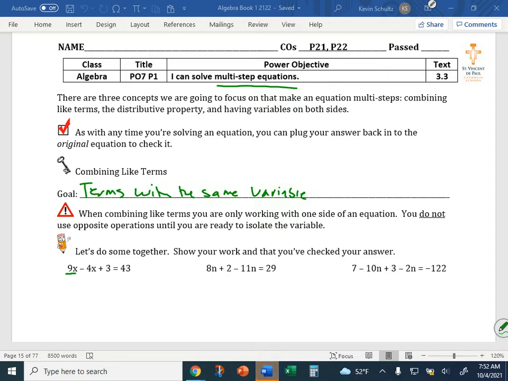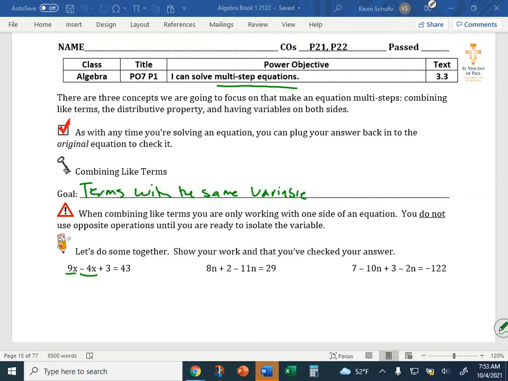Negative 4x. You do need to remember that subtraction sign is really a negative belonging to the term that comes after it. So terms with the same variable would be like terms. What else would be considered like terms? In the second example, you have an 8n and a negative 11n. The third example has more.